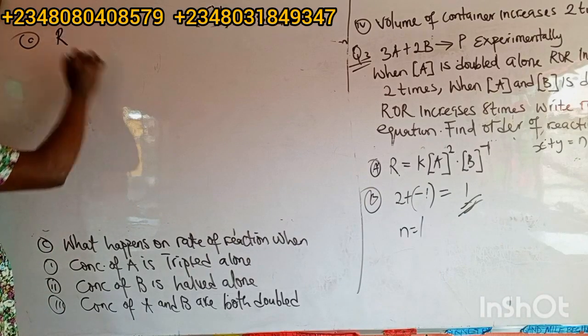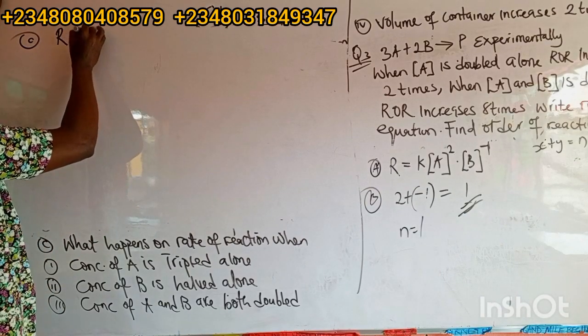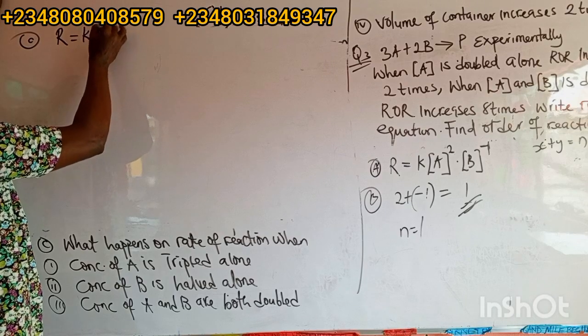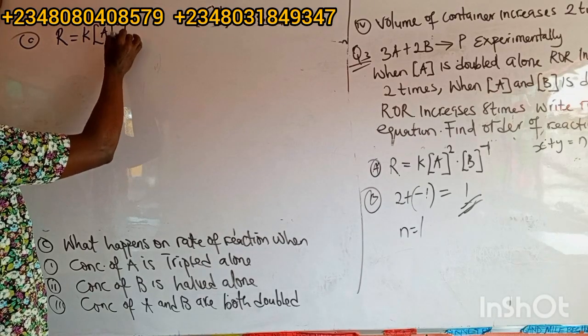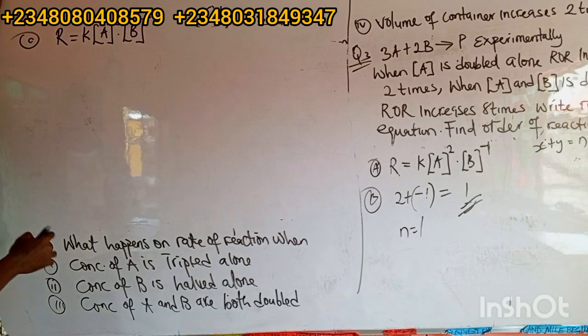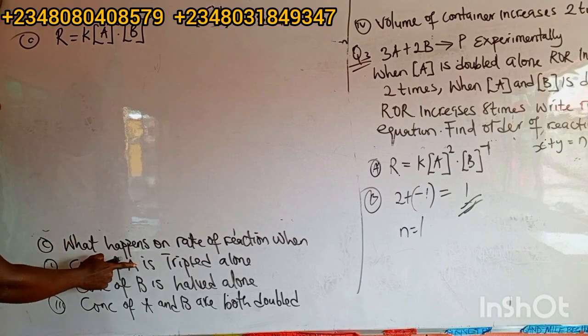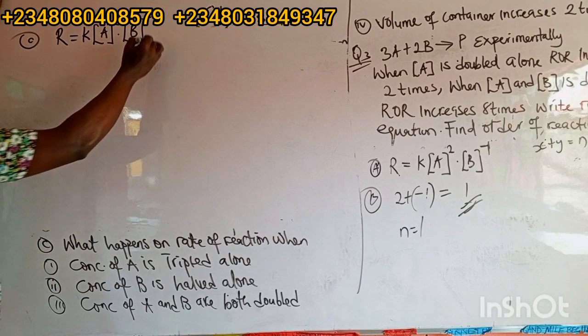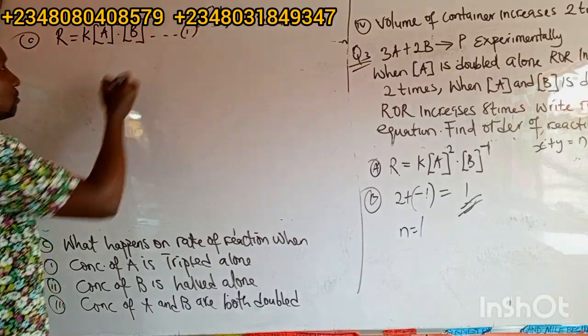The rate law from the question is the concentration of A raised to power 2, concentration of B raised to power minus 1. They now ask what happened to R when the concentration of A is tripled only. Let me call this equation 1.